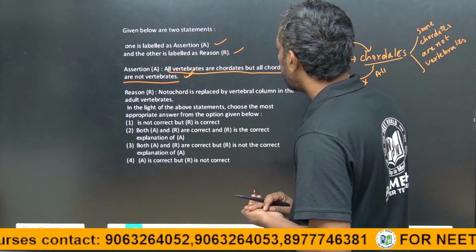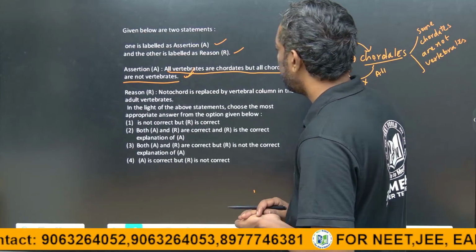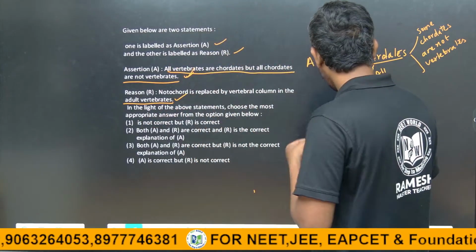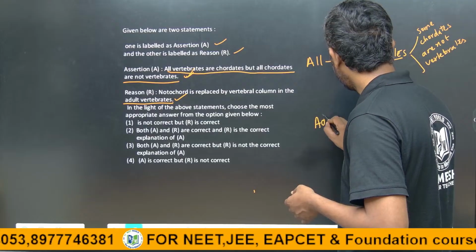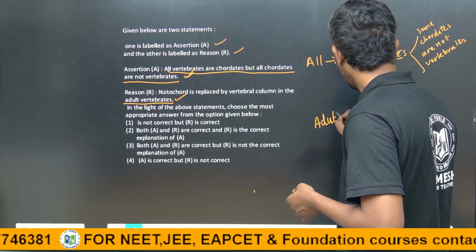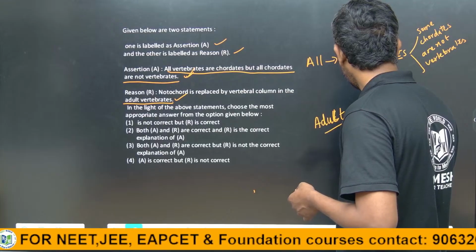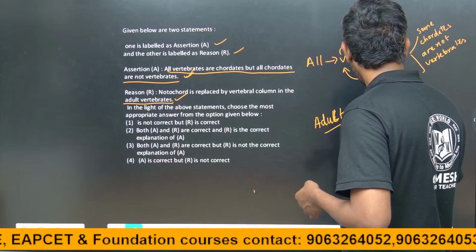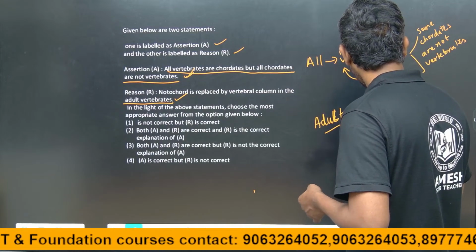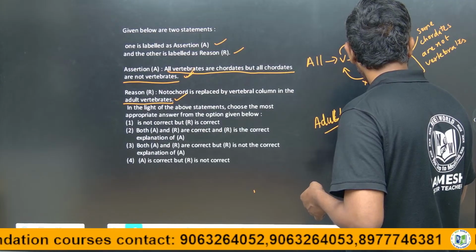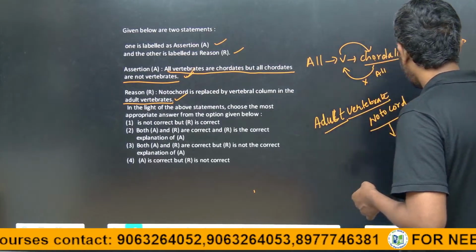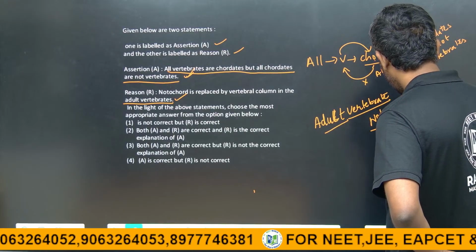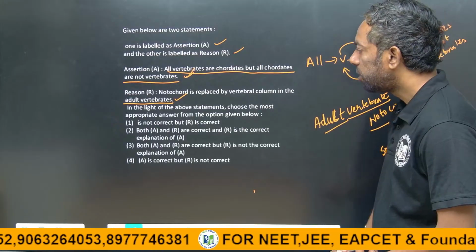Reason: notochord is replaced by vertebral column in the adult vertebrates. Yeah, of course. Notochord in the adult vertebrates is replaced by the vertebral column.